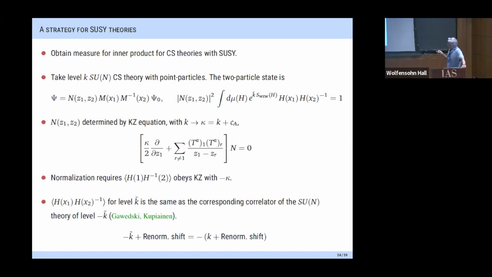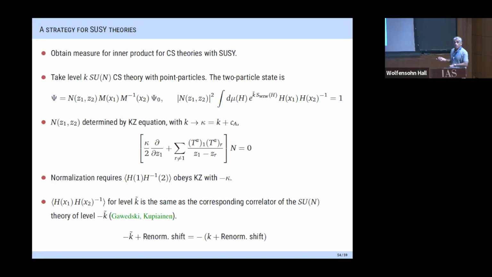Now the problem with this equation is that if you solve it and find N, there is going to be some non-trivial z1, z2 dependence that you can read off. But if I put that in here and I want to set this to 1, you can see that there's going to be a problem, because the z1, z2 dependence must be exactly cancelled by this correlation function for it to become a normalizable state set to 1.